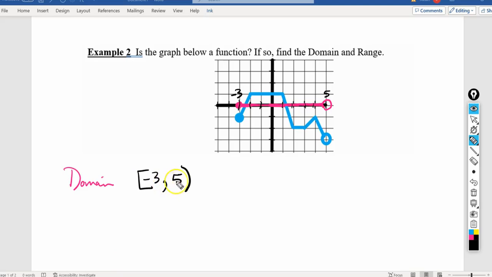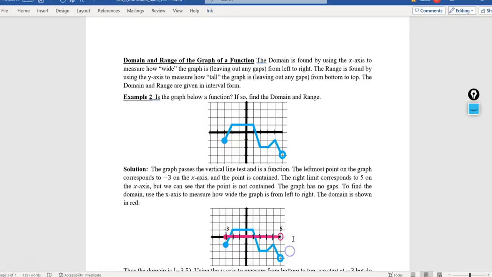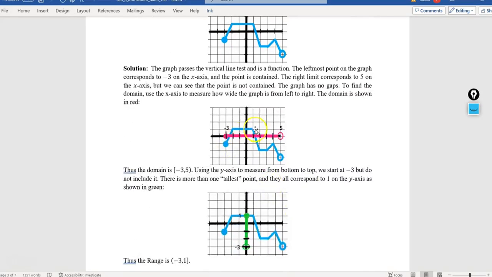And so the symbols with the square bracket and the parenthesis are very important. And if we go back to that, you can see here I've done that on the lab instructions, and it shows what the domain is.